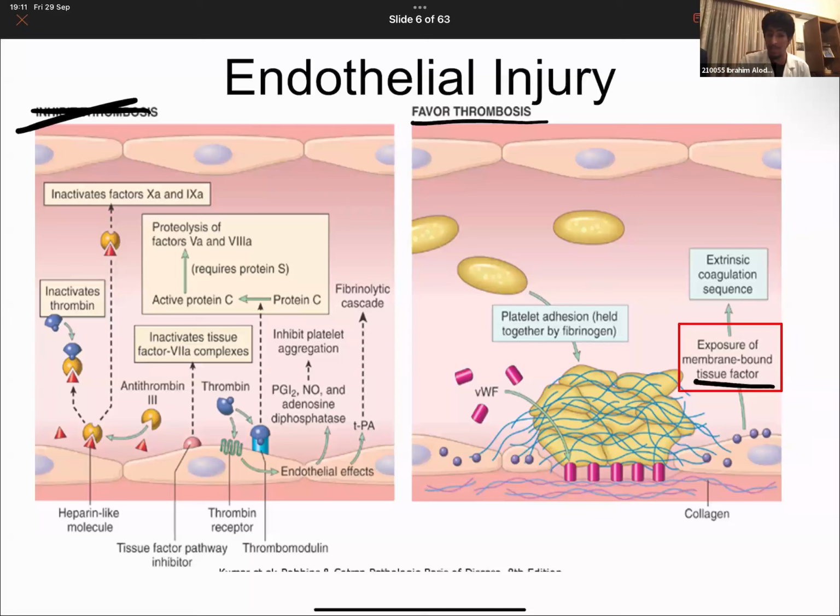And then this tissue factor thing that I just mentioned gets exposed from the endothelial cells, which are these cells over here. The tissue factor gets exposed, and then tissue factor is going to be the thing that favors thrombosis. It favors the formation of blood clots, and it's going to start something called secondary hemostasis.